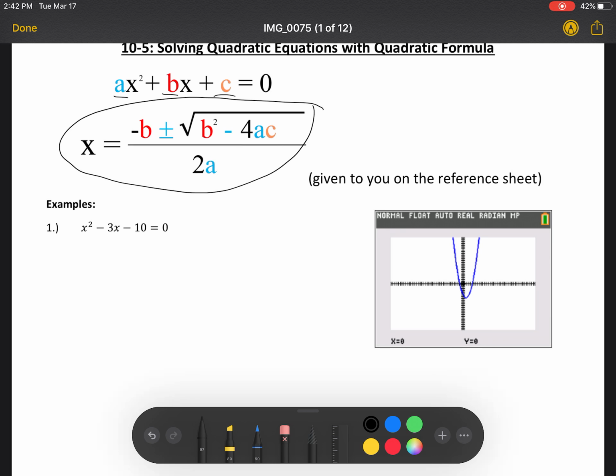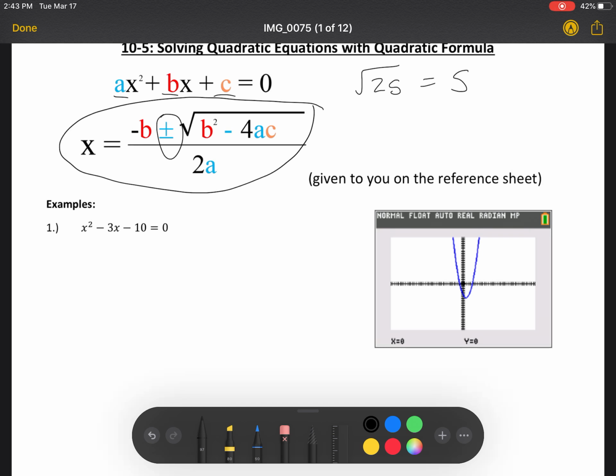Now with quadratics, like I've said in the past, normally you're going to get two solutions out of it. And the way that we get our two solutions is because of this plus or minus symbol in front of the square root. The reason that there's a plus or minus symbol there is because when we take the square root of a number, let's say for example the square root of 25, many of you would say the square root of 25 is 5.